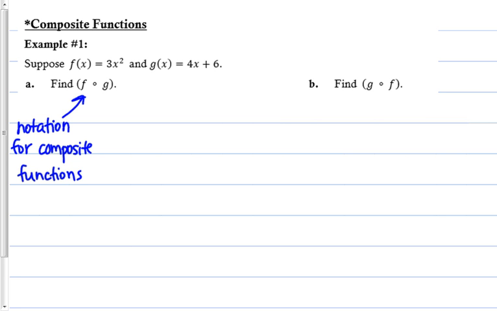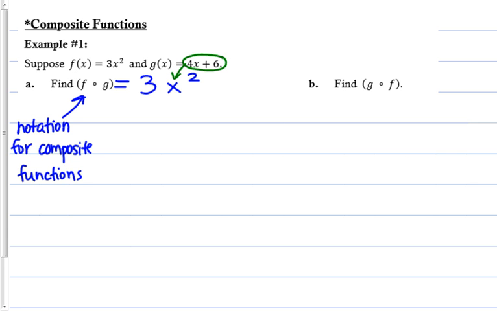So what you do is, this is going to be equal to my function f, which was 3x squared, right? But everywhere there was an x, you're going to plug this in.